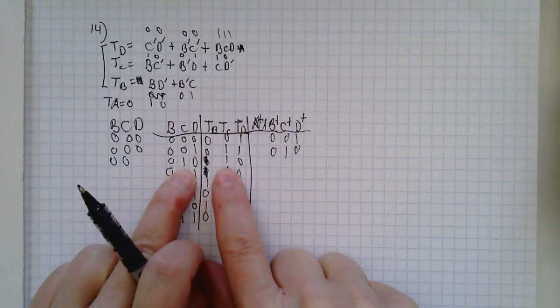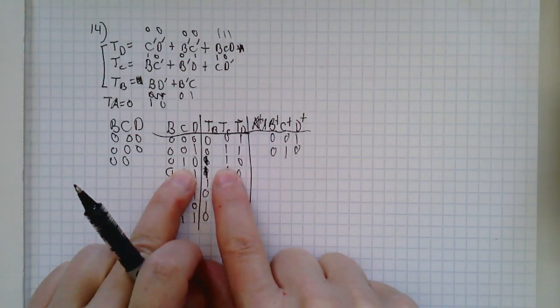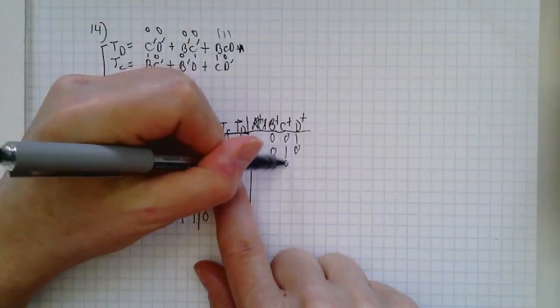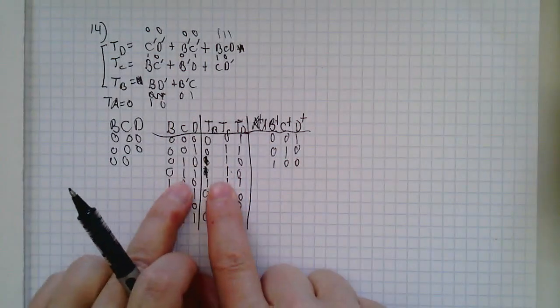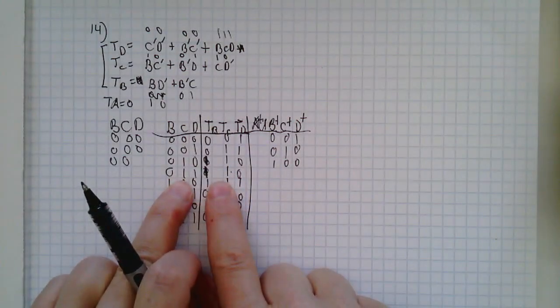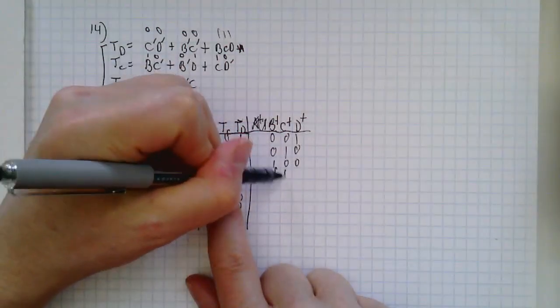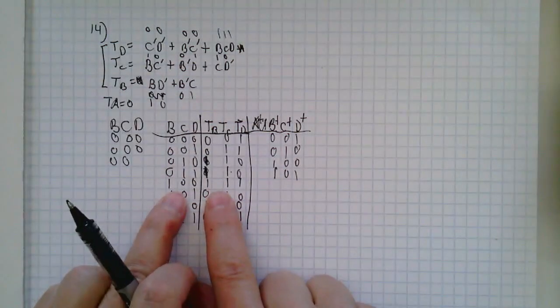Most significant 2 bits are set, so 0, 1, 0 becomes 1, 0, 0. And 0, 1, 1 becomes 1, 0, 1. And then it looks like I'm going to flip all the bits on BCD here.